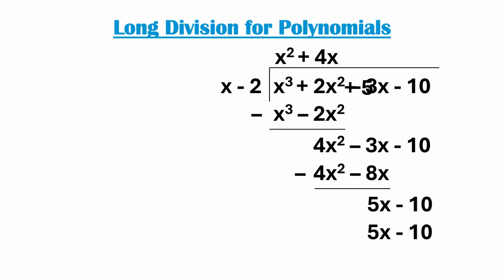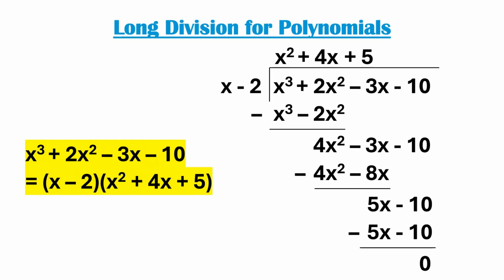So you write it out, plus 5, and then subtract it off to get 0. So now you're left with that whole expression is just equal to x minus 2, x squared plus 4x plus 5. Now that can't be simplified. However, sometimes they ask you to fully simplify these cubics in exams. So that's what we're going to go over next in our practice questions.